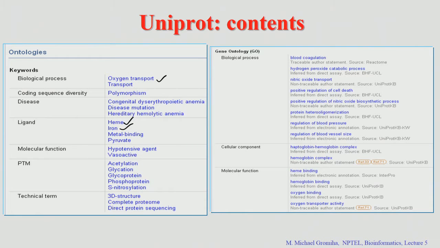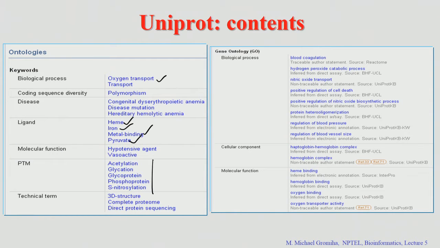Heme, iron, metals and pyruvate, these are the different ligands. Then what are the functions and the post-translational modifications in this protein: various types of PTMs, acetylation, glycation, glycoprotein, phosphoprotein, S-nitrosylation.